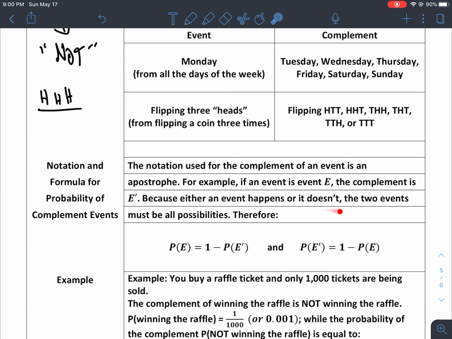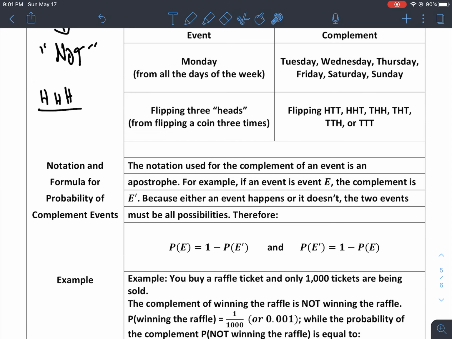So either the event happens or the complement happens. Therefore, the probability of the event is 1 minus the probability of not the event, or the probability of the complement of the event, and the probability of the event not happening is 1 minus the probability of the event happening.